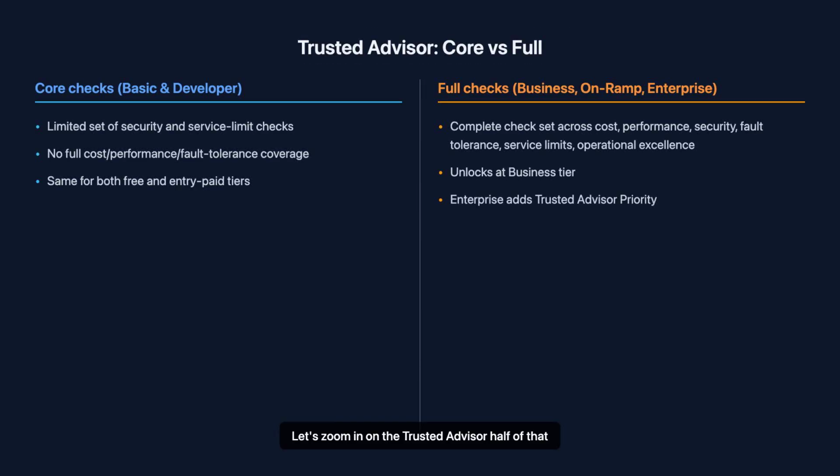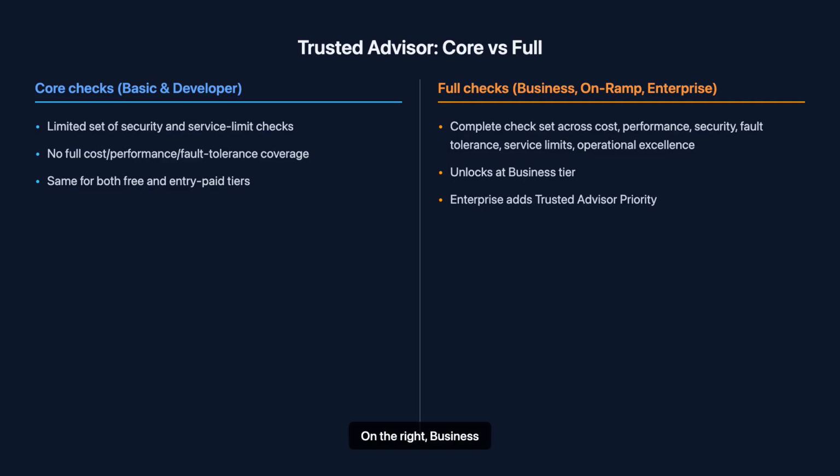Let's zoom in on the Trusted Advisor half of that unlock, because it's a topic that stands on its own. On the left, Basic and Developer both get only the core checks, a limited set focused on security and service limits. They don't get the full cost, performance, and fault tolerance coverage.